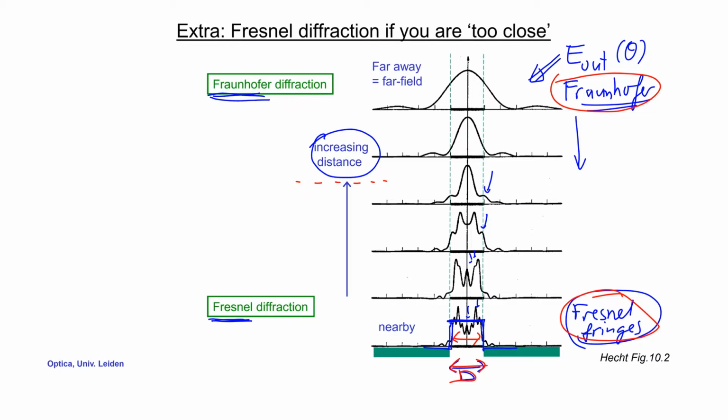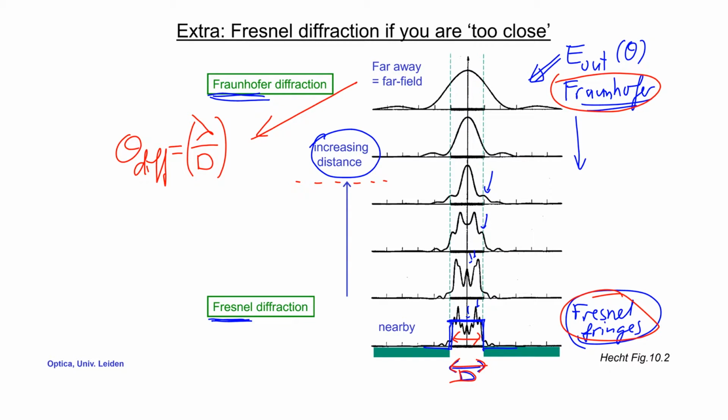On the other hand, if you're far away, in the Fraunhofer regime, you typically talk about the diffraction as a function of angle, and we already saw that the diffraction angle is given by this most important equation in optics, lambda over d.